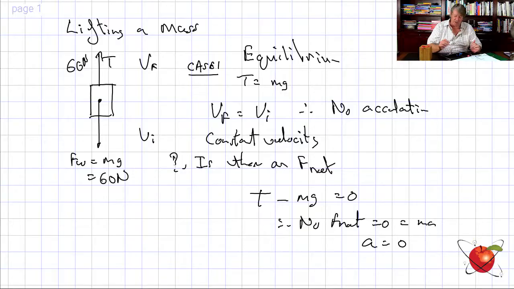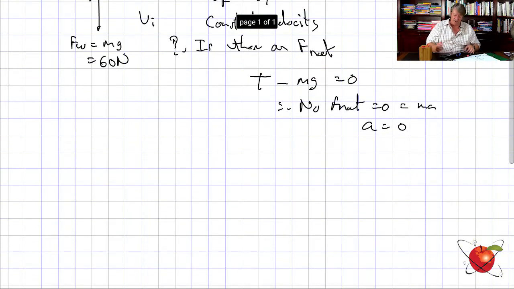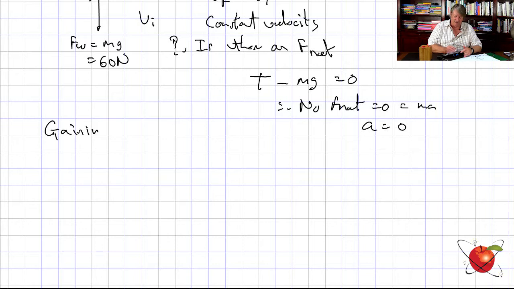What is it gaining? It's gaining potential energy, isn't it? So therefore, what can I say? I can say that we are gaining EP. EP is therefore going to be a positive number, right?